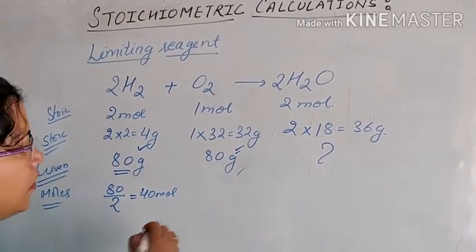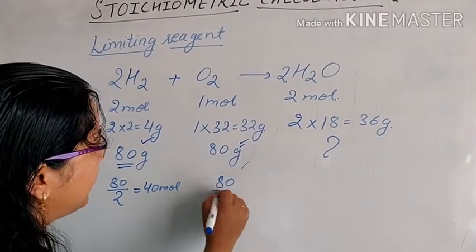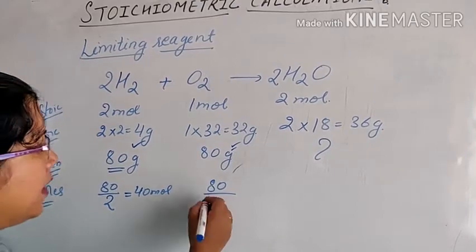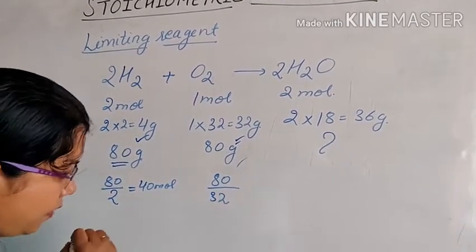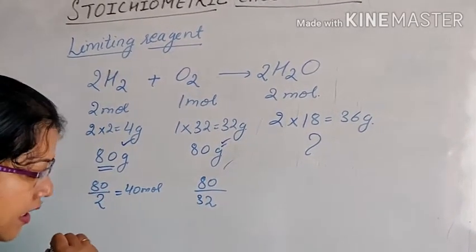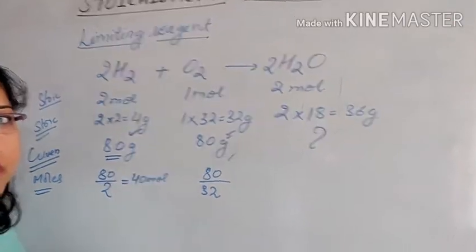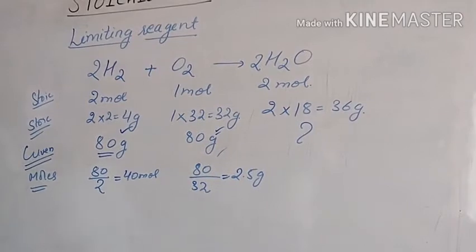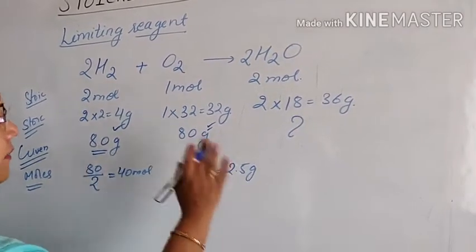And the moles of oxygen available in the reaction mixture will be given mass upon molar mass, that is 80 upon 32, which will be equal to 2.5 mole.